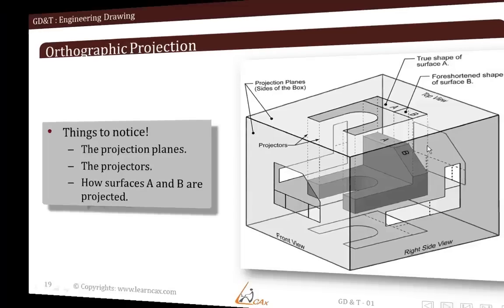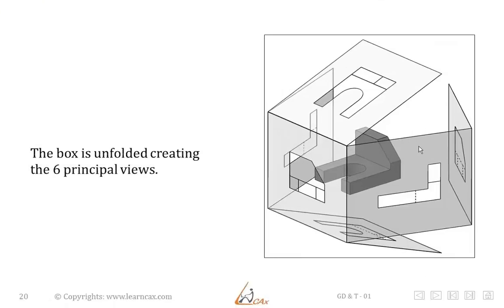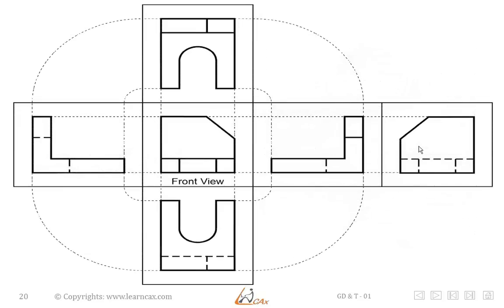Alright, now let's move ahead. So here what we can see is, if that previous box is unfolded into a single plane, then we will get the 6 principal views on that single plane. Something like this. Here the virtual box is actually unfolded and we got the front view at the center.